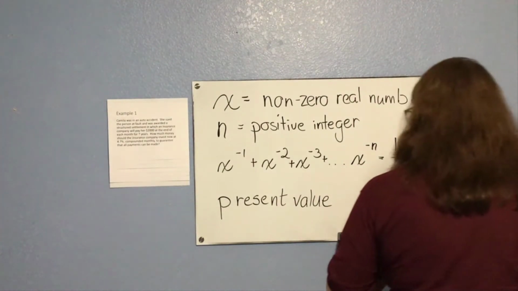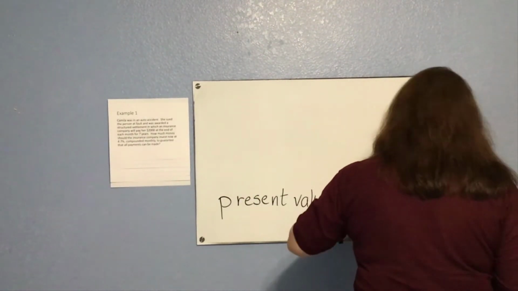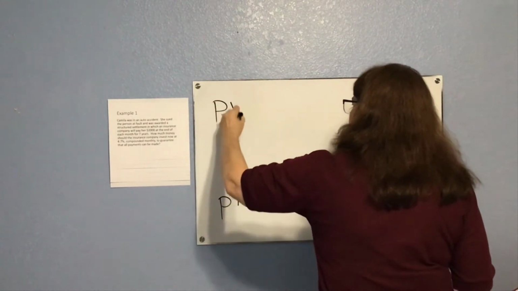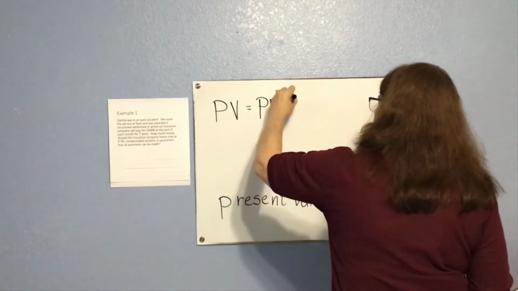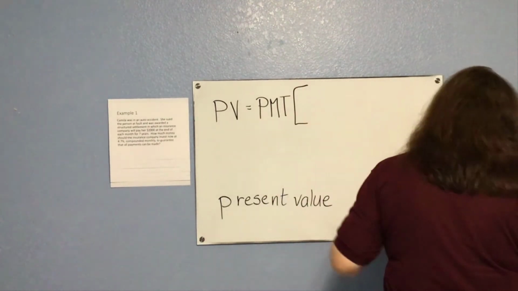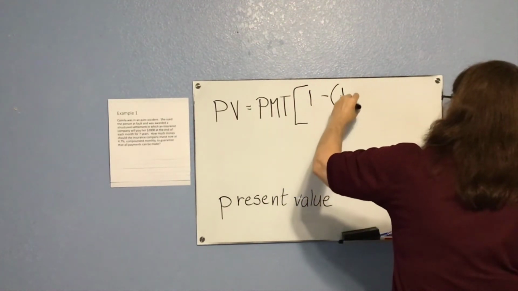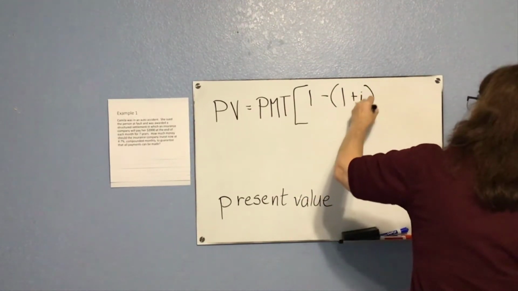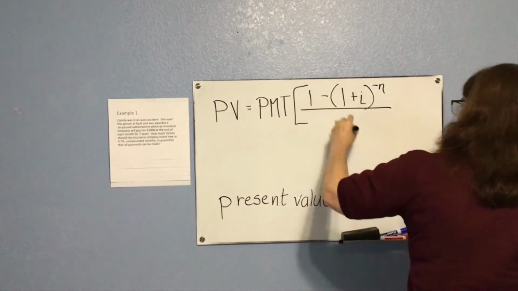And our formula for this present value looks like this. The present value is equal to the payment, the amount we're paying out, times (1 minus (1 plus i) to the negative n power) over i.